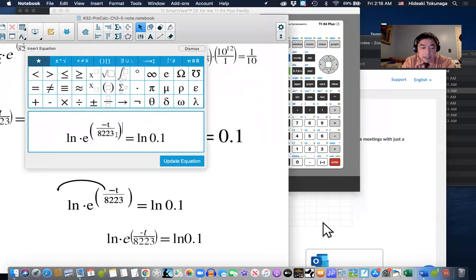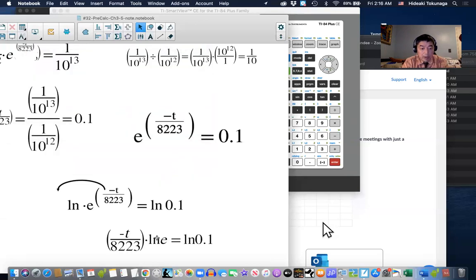If this is in the front, we get rid of the exponent. This will be one.